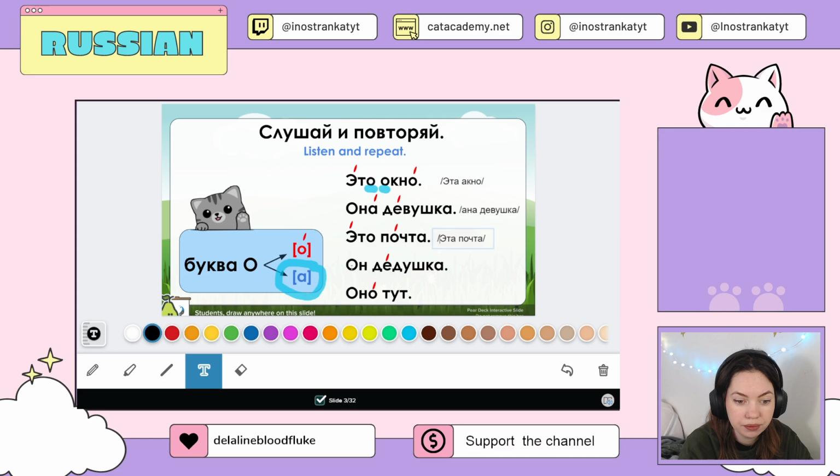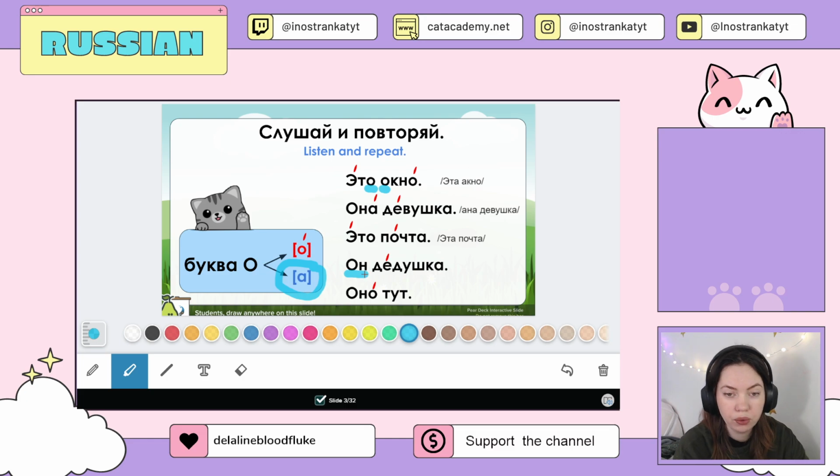Next one. Он дедушка. When we have a word with only 2 letters, but only 1 syllable, we don't need to stress, there is only one vowel, so it is always stressed.